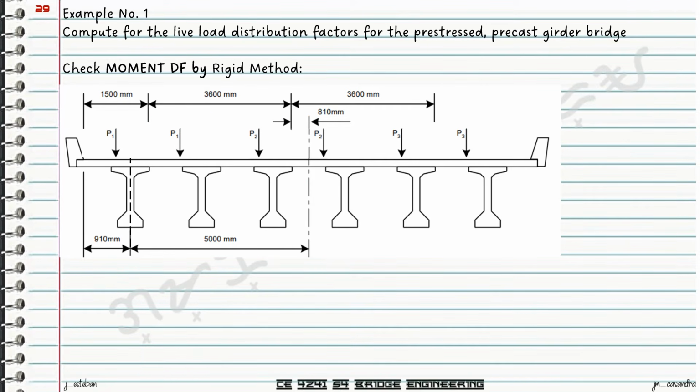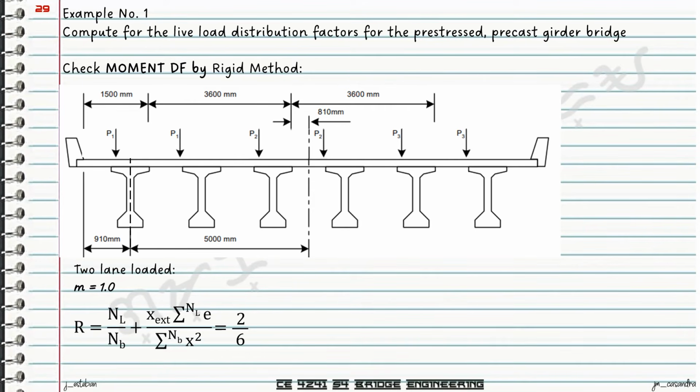So we have next two lanes loaded. For two lanes loaded, the multiple presence factor is equal to 1. So in this computation, we're going to consider two design trucks on our bridge. So we have P1 and P2. So for your reaction, again, it's equal to N sub L. Since we're considering two lanes, that's equal to 2.